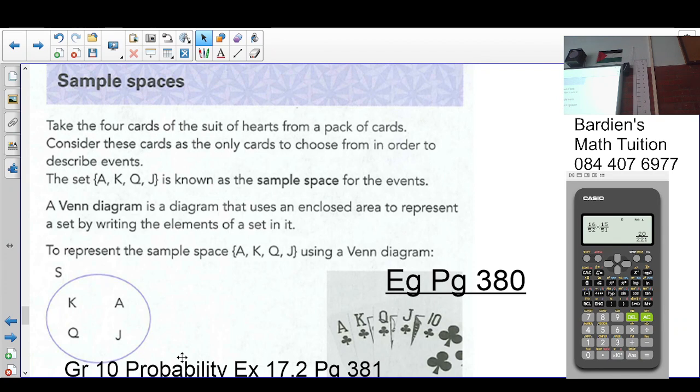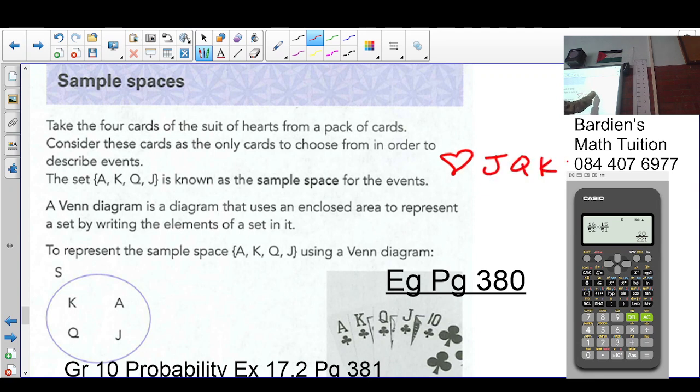But I think it would be fair to specify, take the 4 picture cards of the suit of hearts from a pack of cards. In other words, we got the Jack, Queen, King, and Ace. So it's 4 cards there.